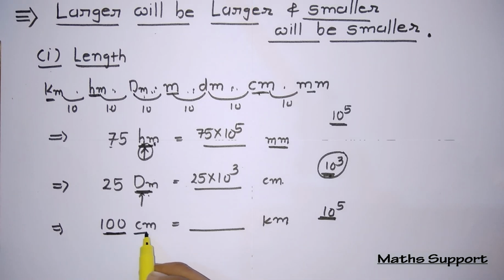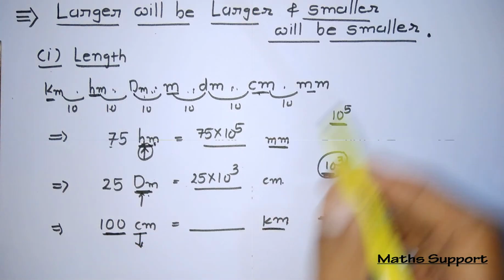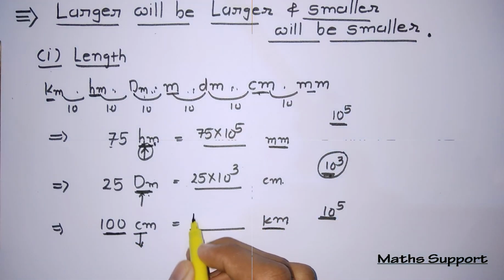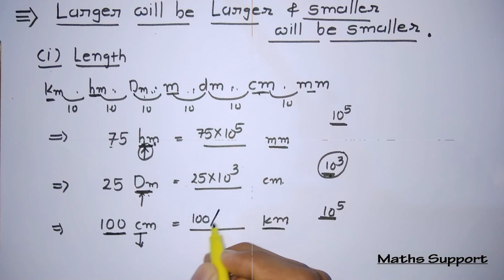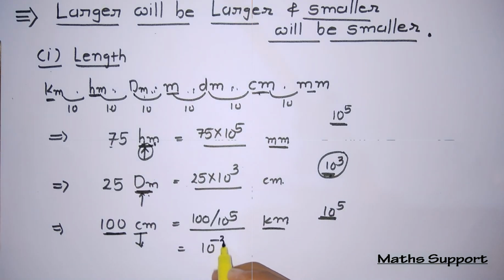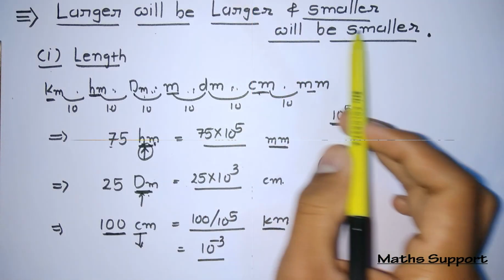Centimeter is the smaller unit, so we'll divide, because smaller will be smaller. So we divide 100 by 10 raised to 5. That is 10 raised to 2 divided by 10 raised to 5, so that is 10 raised to minus 3. That is very simple if you follow this sentence.